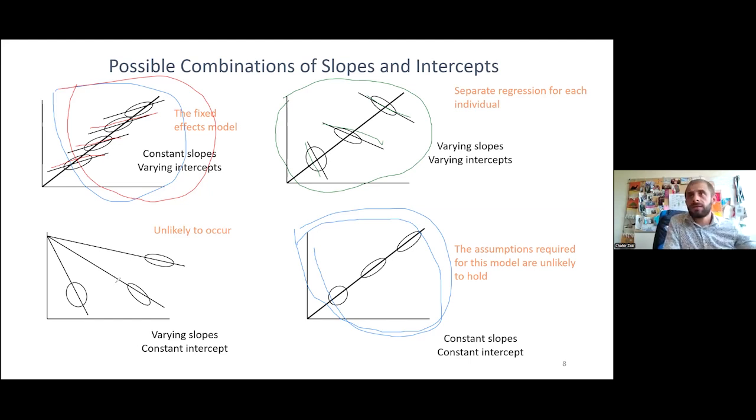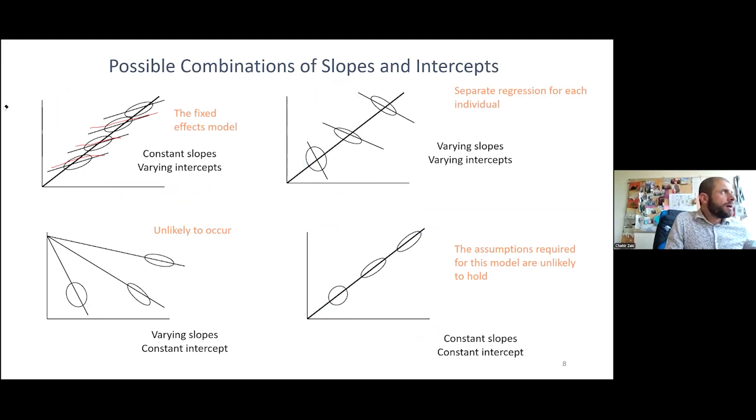That's why the fourth case is very unlikely to happen. Okay. So in a nutshell, what we'll be working on now is the first case, which is the fixed effects model. Bearing in mind that in this case, we assume that we have the same slope of the phenomenon we're interested in, but they will have different intercepts. Okay?